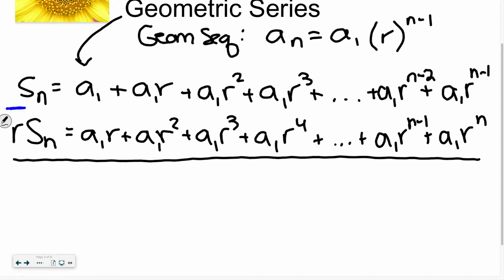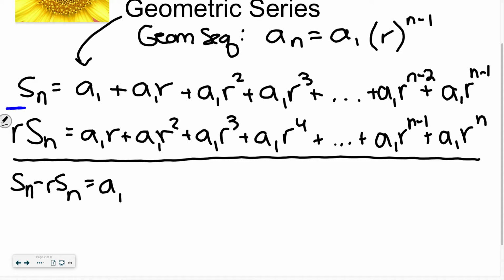Okay, so on the left side, I have s sub n minus r s sub n. On the right side, if I look at my top equation, I have this a sub 1. Do you have an a sub 1 to subtract down here all by its lonesome? No, so that's just going to be a sub 1 minus 0, a sub 1.